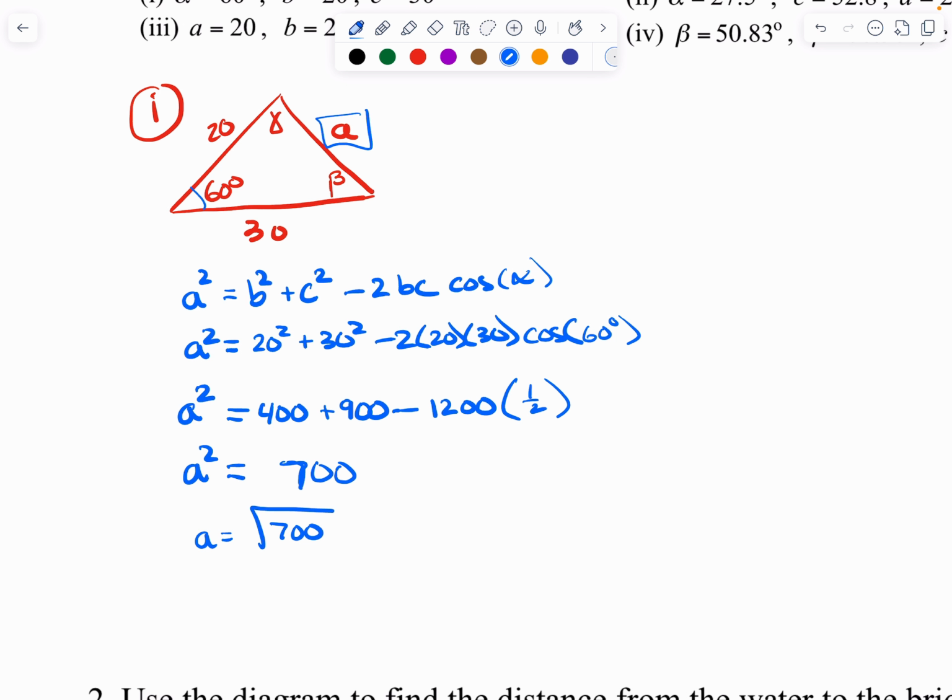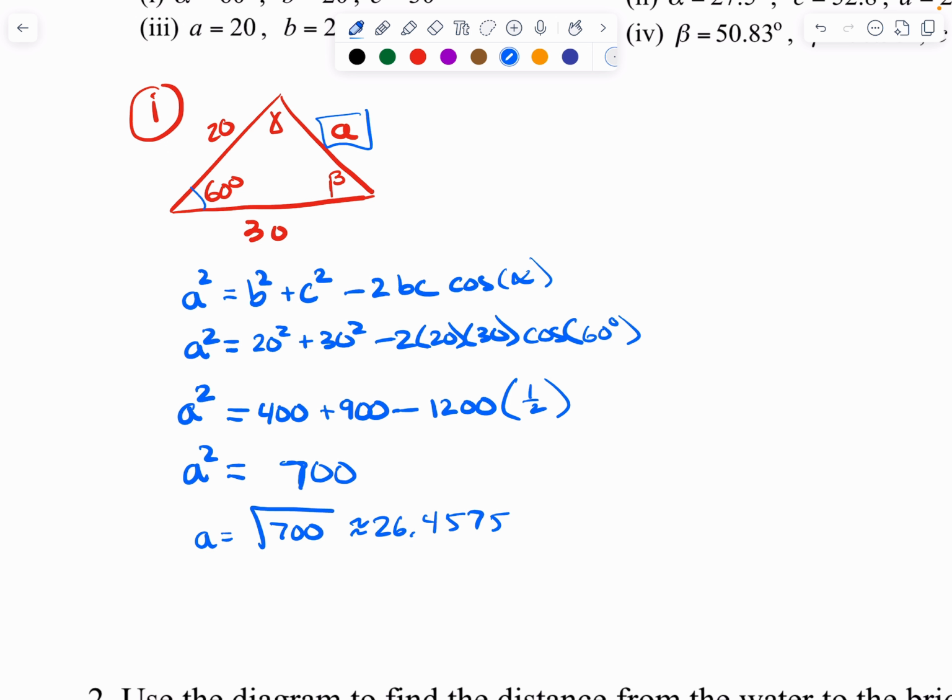Okay, the square root of 700, and I got 26.4575. If I was using this with Pearson, I would want to include all of the digits.